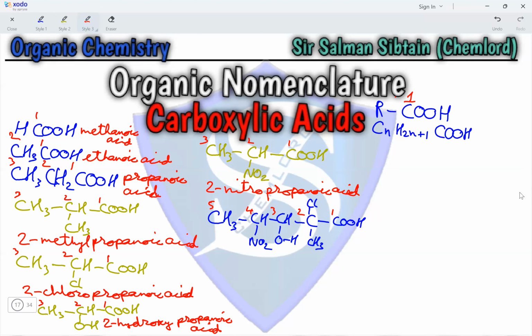And the numbers would refer to the position of the substituent group. However, the name would be written with the alphabetical preference in mind.